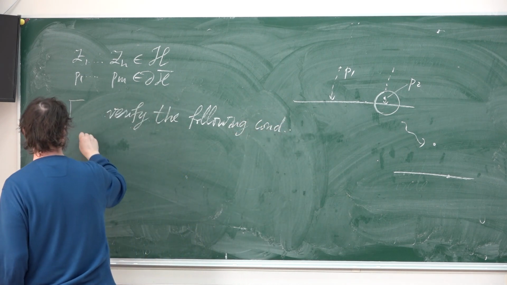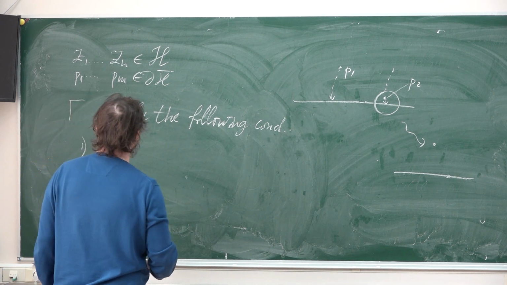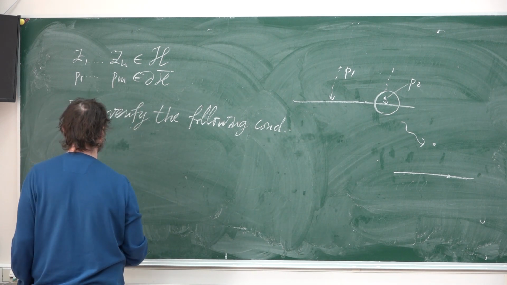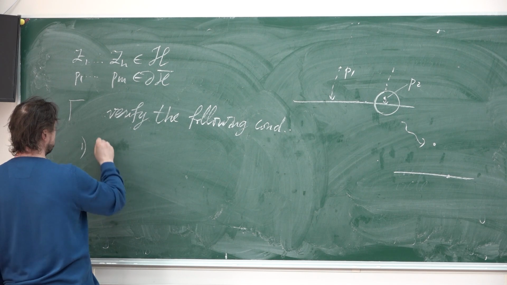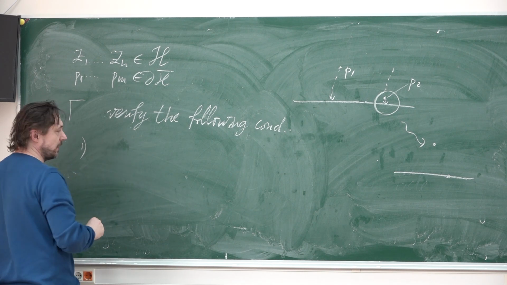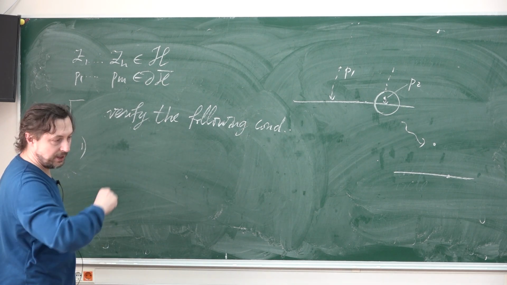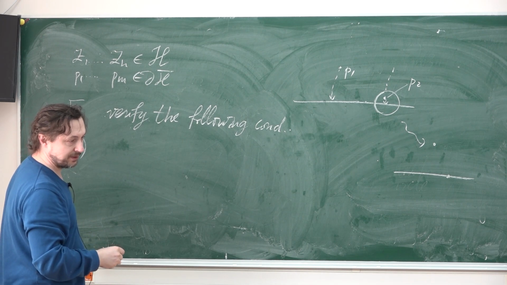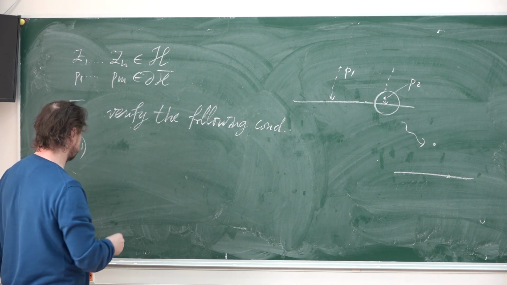First, it will be an oriented graph. That is to say, all edges of this graph will be decorated by arrows.